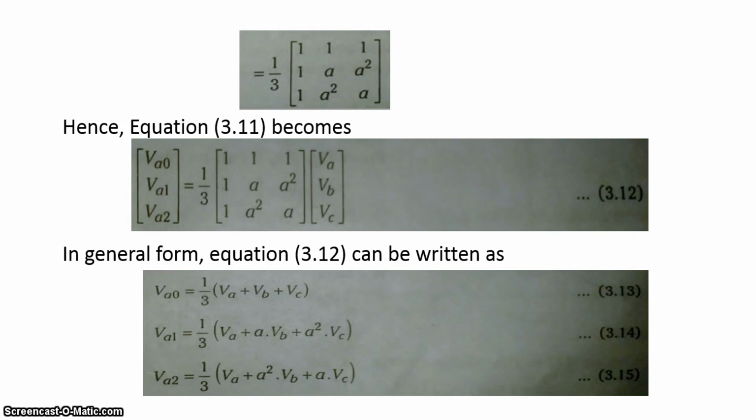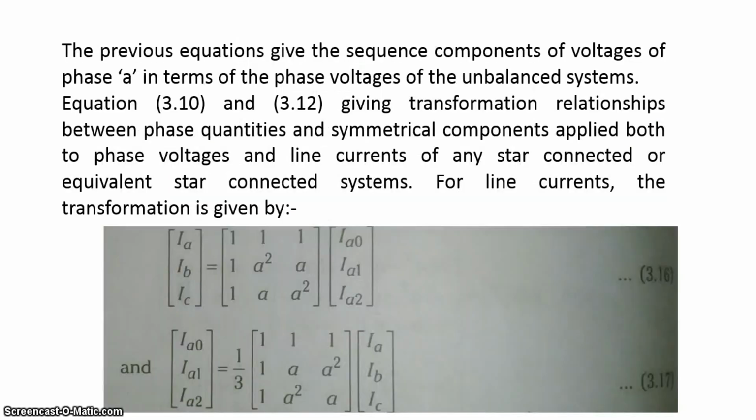The previous equations give the sequence components of voltages of phase A in terms of the phase voltages of unbalanced systems. Equations 3.11 and 3.12 give transformation relationships between phase quantities and symmetrical components, applied both to phase voltages and line currents of any star-connected or equivalent star-connected systems.